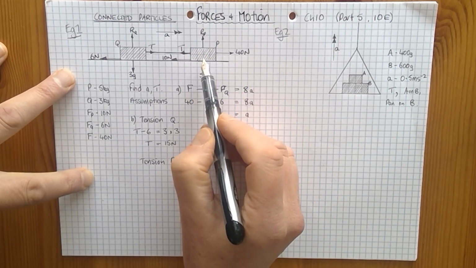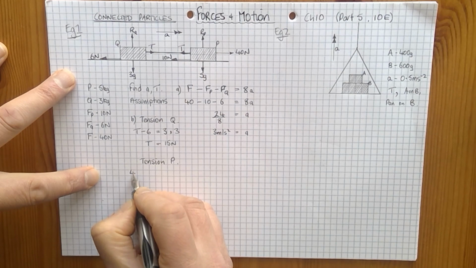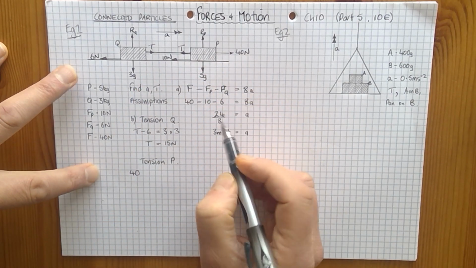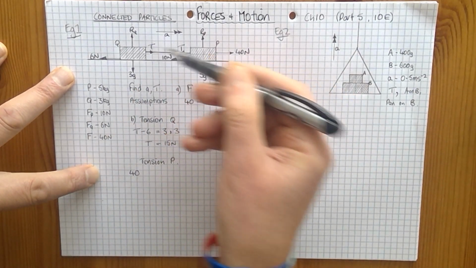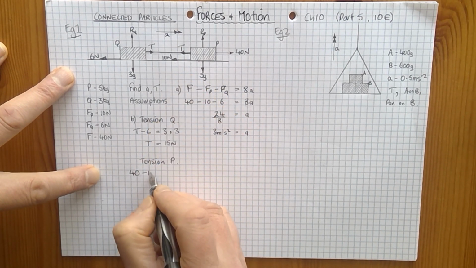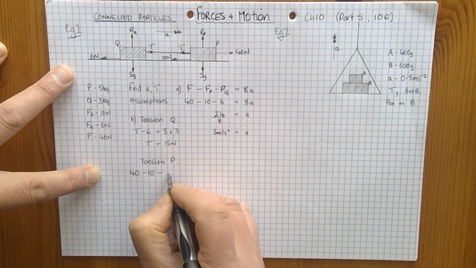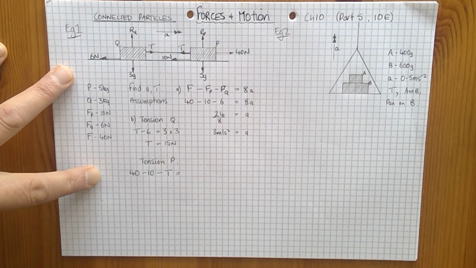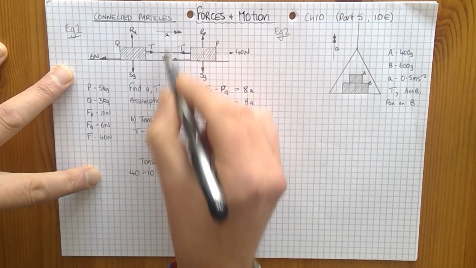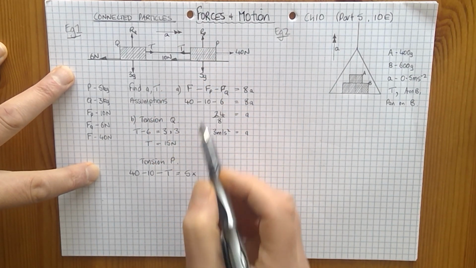Let's resolve the forces. I have got 40 newtons pulling to the right. That's a positive because that's the direction we're moving in. I've got 2 forces pulling backwards. I've got the friction, which is 10, take away the tension, which I don't know yet, and that has to equal the mass, 5, times the acceleration.